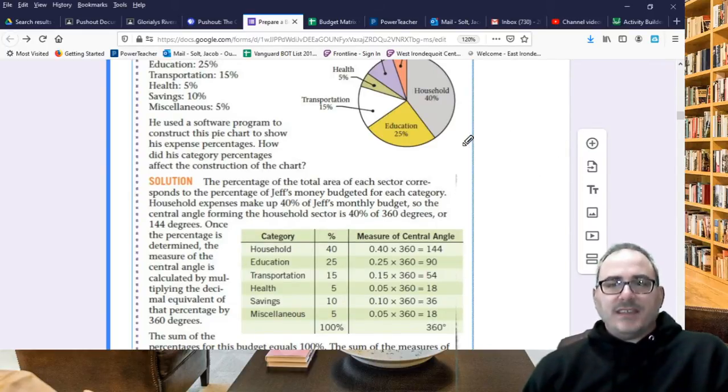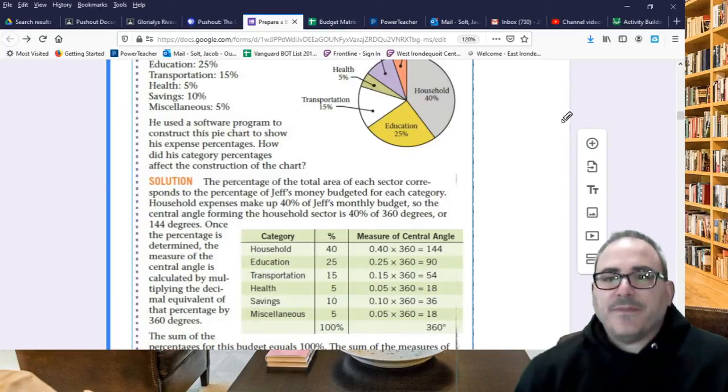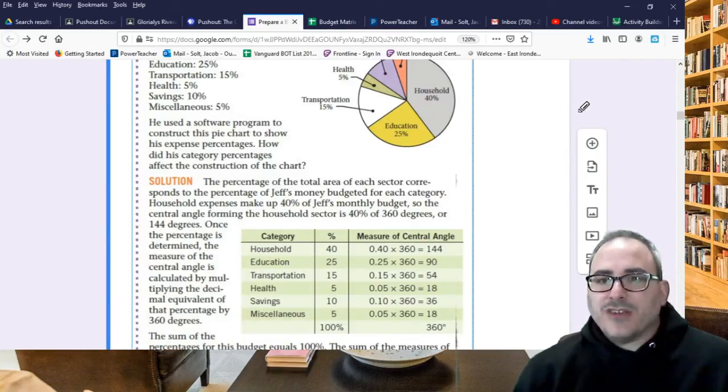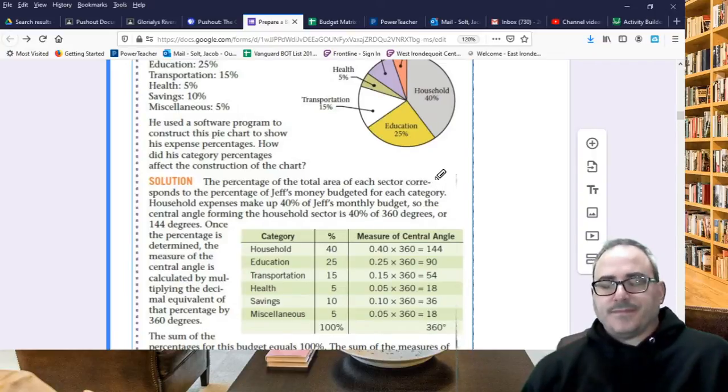So percent means per 100, per cent. So 40 over 100. And when you put 40 over 100 in your calculator, you get a number. That number is 0.4.